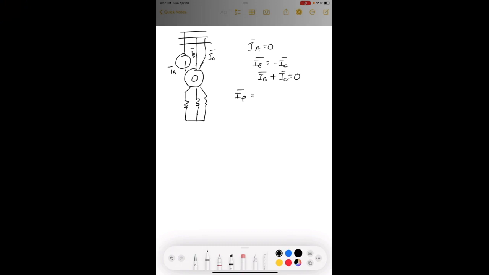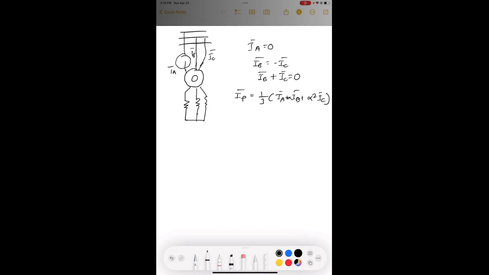The IP bar, that is the positive sequence component of the current, will be 1/3 (IA bar plus alpha IB bar plus alpha square IC bar).